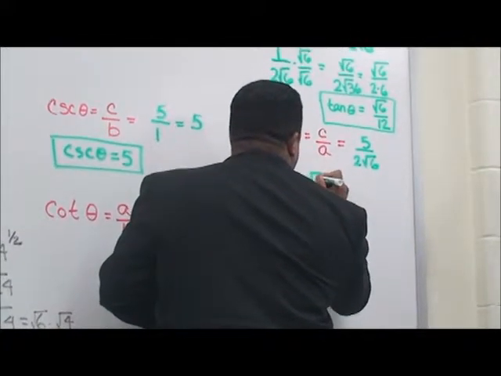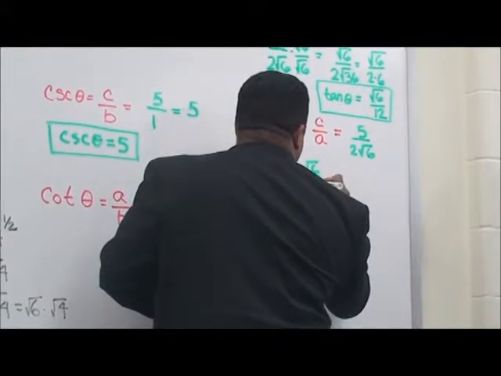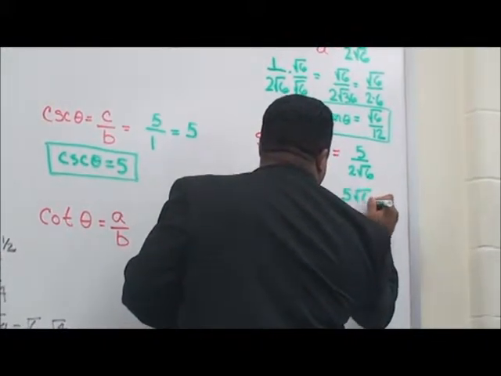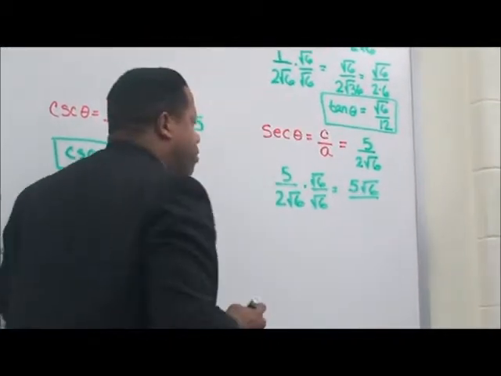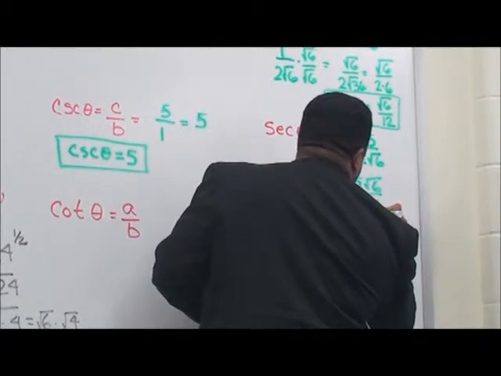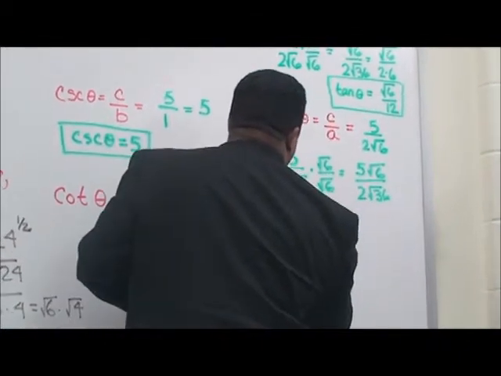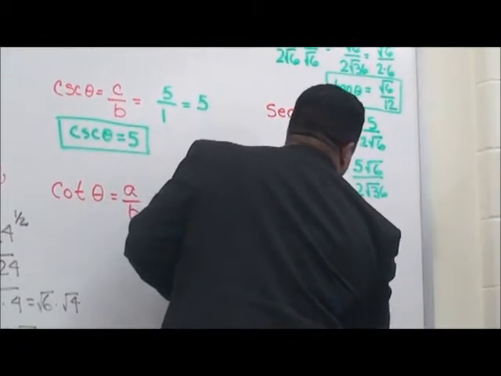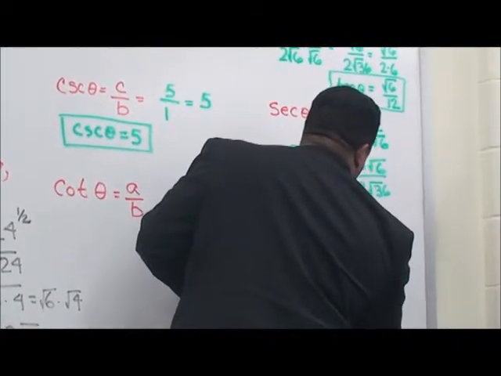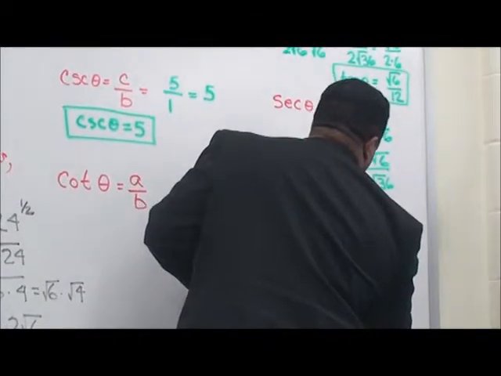And when we do this, breaking this down thoroughly, we have 5 times the square root of 6 over 2 times the square root of 36, which is going to actually be 5 times the square root of 6 divided by 2 times what?